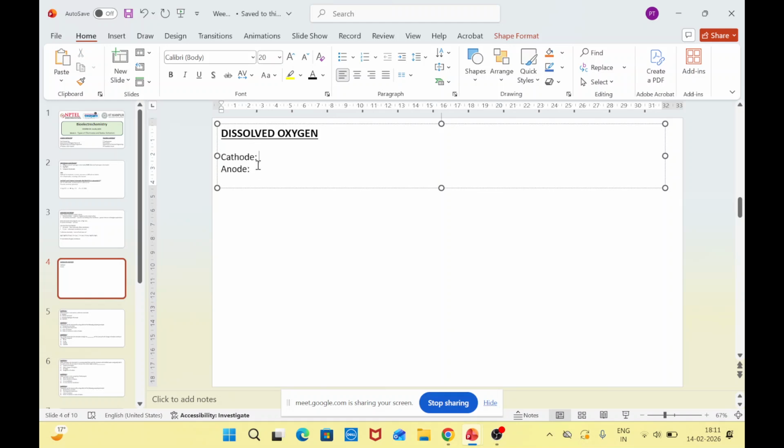In case of the cathode, the reaction is oxygen binds with 4 H plus ions, plus 4 electrons, gives 2H2O. And in case of the anode, you have 4Ag that reacts with 4Cl minus.